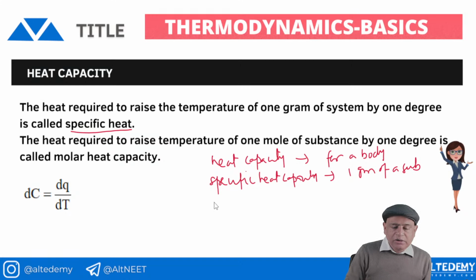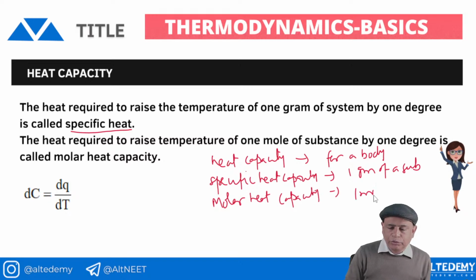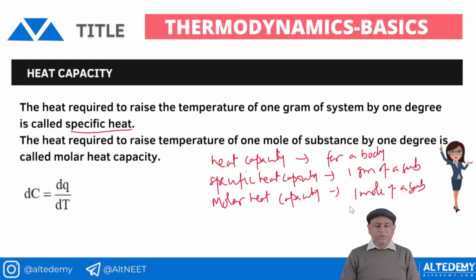And molar heat capacity is for 1 mole of a substance. These are the terms which are used: heat capacity for a body, specific heat capacity for 1 gram of a substance, and molar heat capacity for 1 mole of a substance.